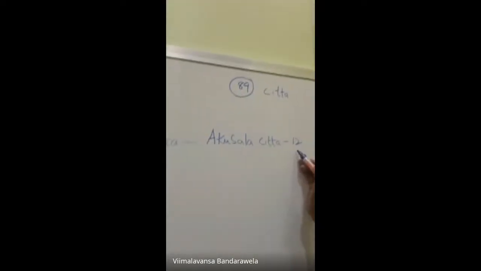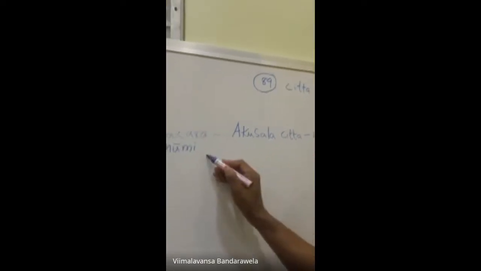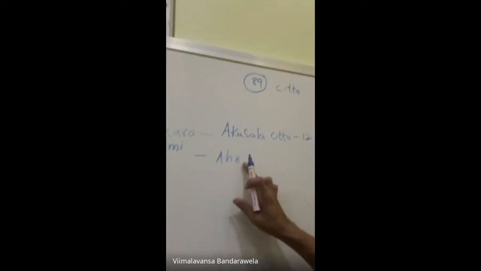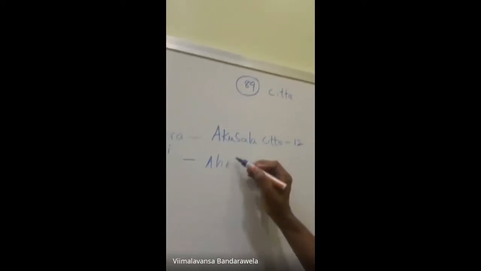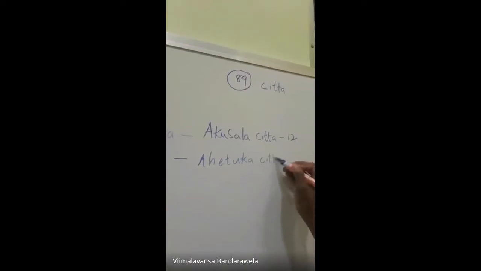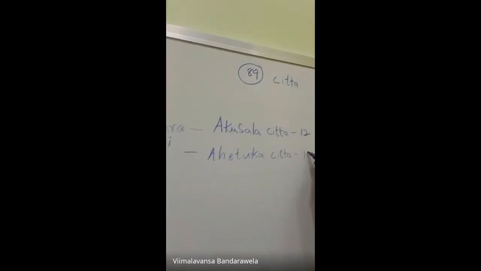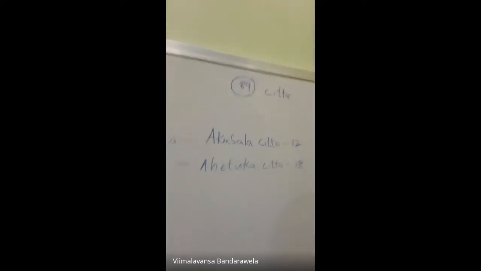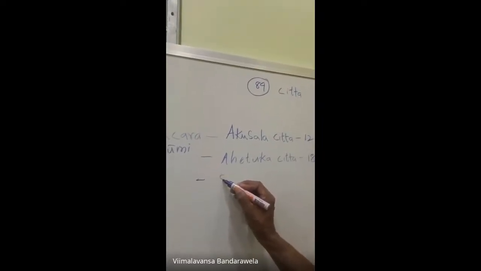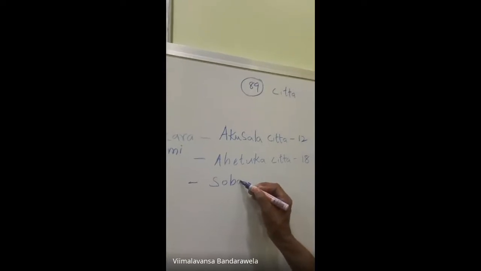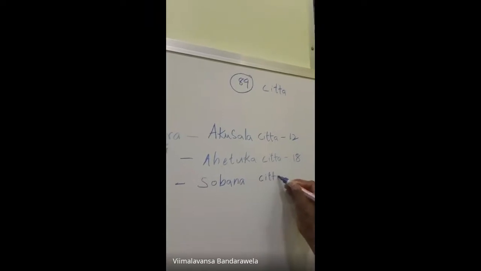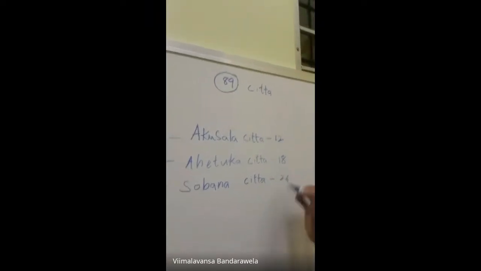Then you have Ahetuka citta, 18 types of Ahetuka. Then Sobana citta, Sobana 24.